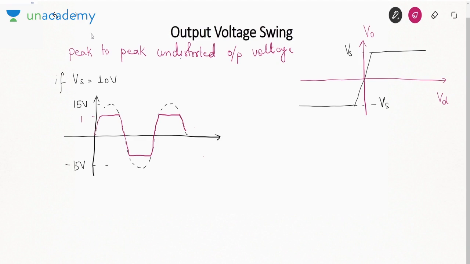That means the shape of the waveform will change due to clipping, and that is called your distortion. So the maximum peak to peak voltage at the output is called your output voltage swing. And how much can it be? It can be equal to 2 Vs. That is, it can swing from minus Vs to plus Vs. If it tries to go beyond that, your output voltage will be clipped and the shape of the waveform will be distorted.